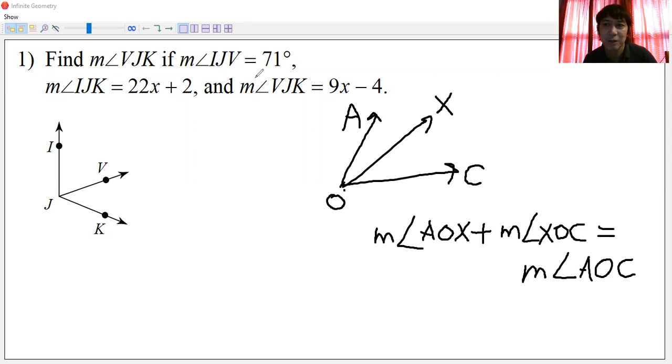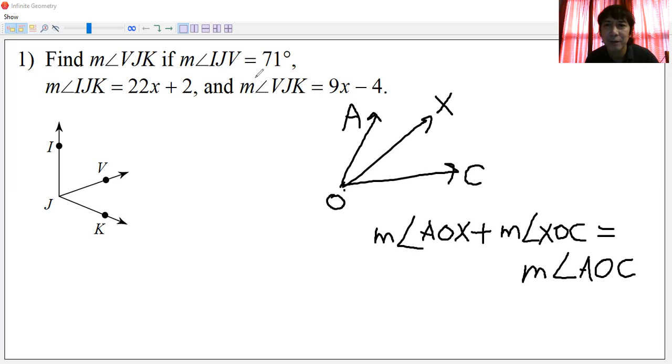Again, ray OX is between ray OA and ray OC if and only if the measure of angle AOX plus the measure of angle XOC is equal to the measure of the angle AOC, the total. All right, so our solutions will be based on this principle.